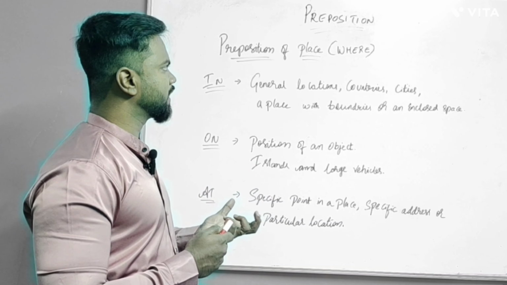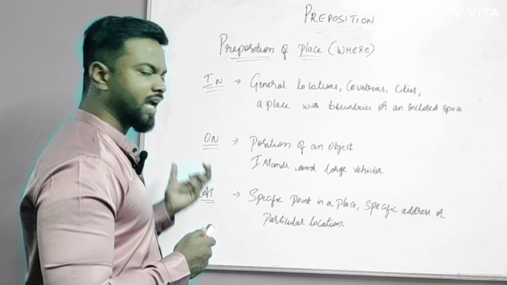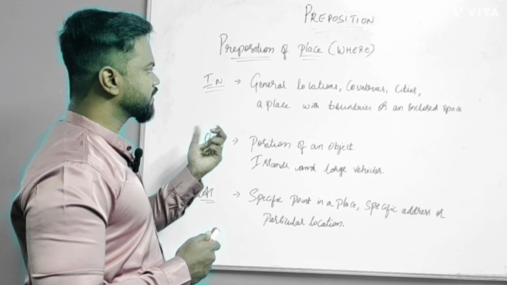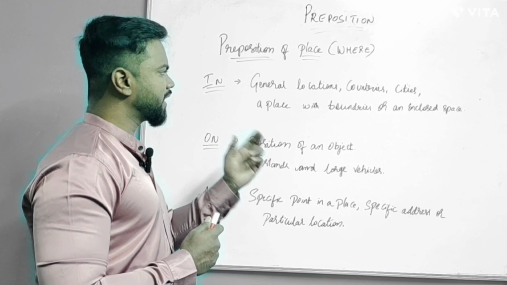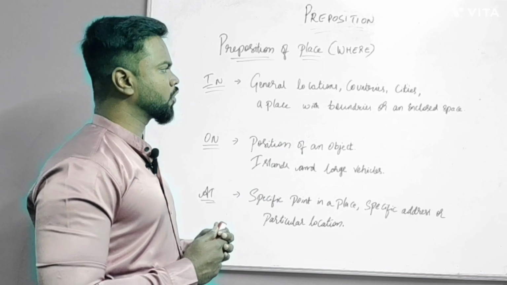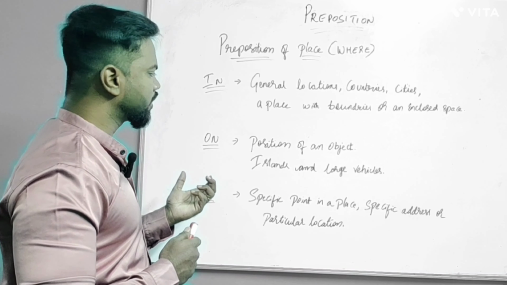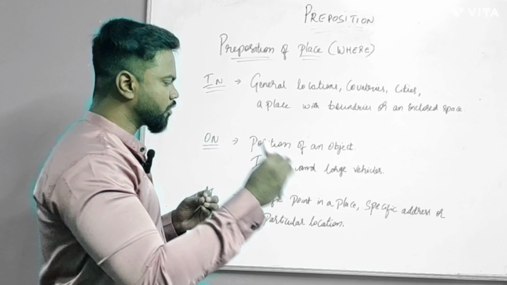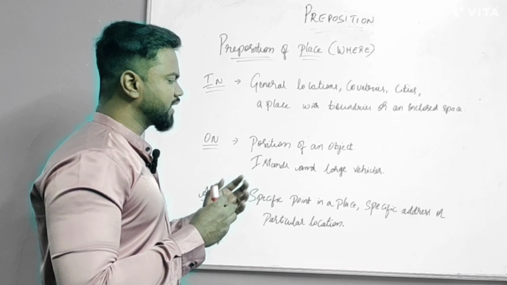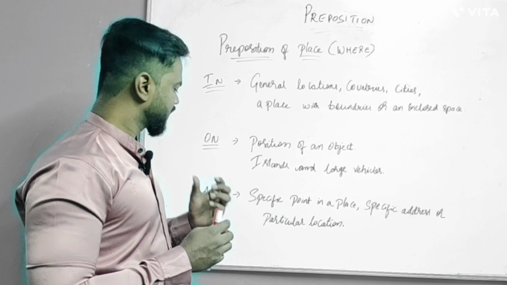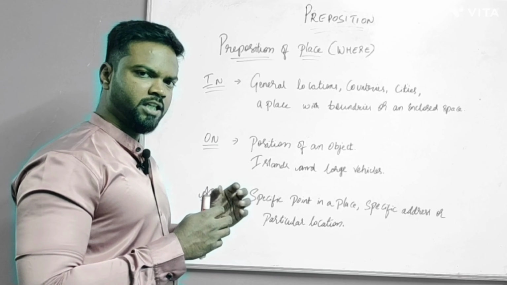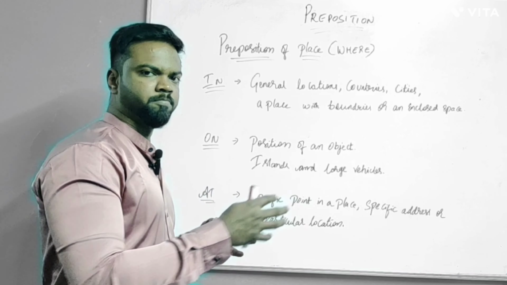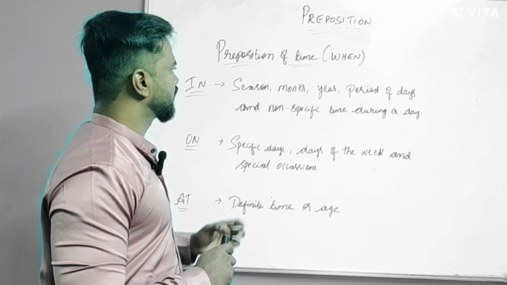Under preposition of place, we use in for general locations, countries, cities, a place with boundaries, or an enclosed space. We use on to indicate the position of an object, for islands and for large vehicles. And we use at for a specific point in a place, a specific address, or a particular location.